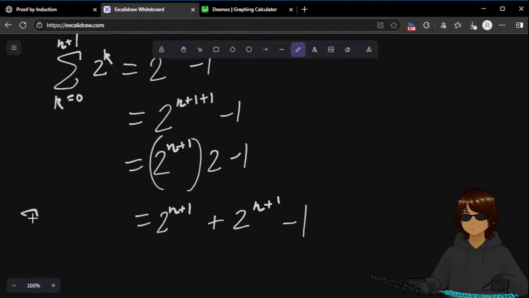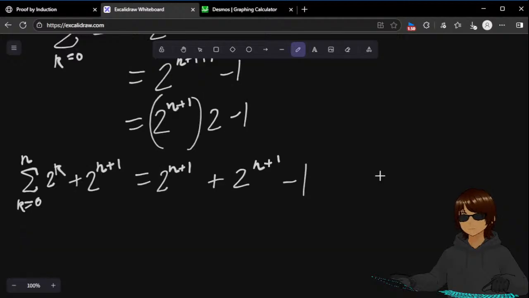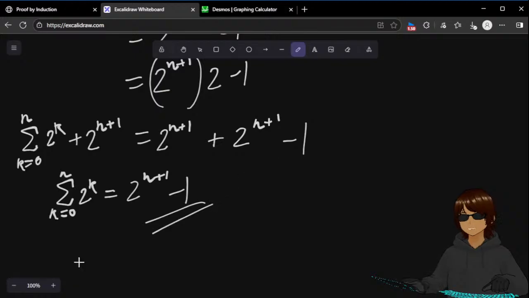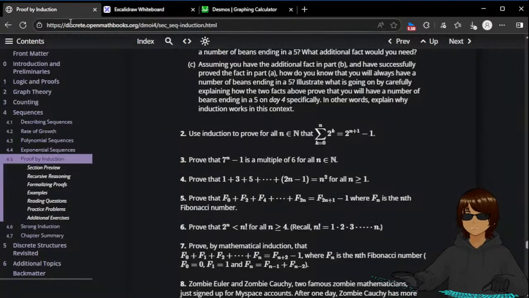And on the left hand side, we have the sum of 2 to the power of k from n, plus 2 to the power of n plus 1. Then that proves it. Oh, this was much simpler than I thought. I don't know why I always use combinations. There we have it. So we just reverse this reasoning and then we get our proof.